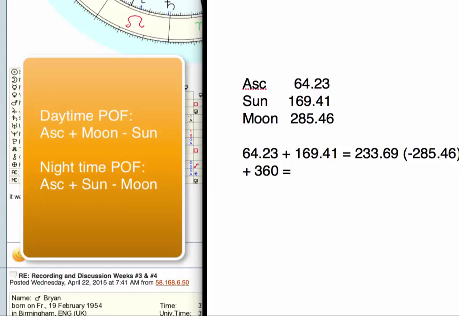This puts us right back where we started with enough juice to subtract that larger number. So that puts us up to 593.65. It's 593.65, which is much easier to subtract the moon at 285.46. And we do that, and we get a lovely 308.19. Now, do we remember that Aquarius begins at 300?